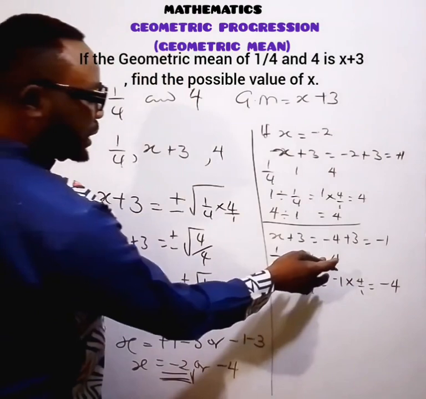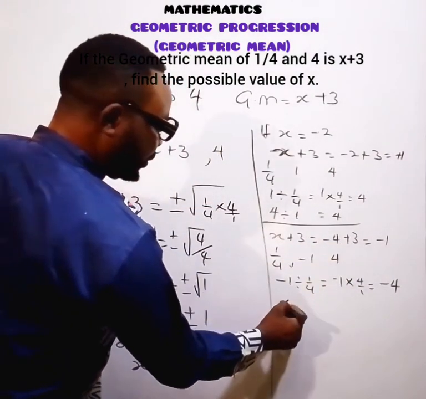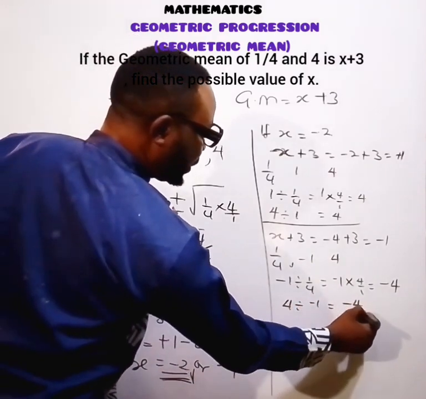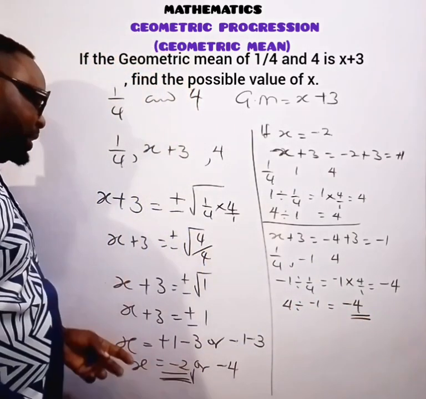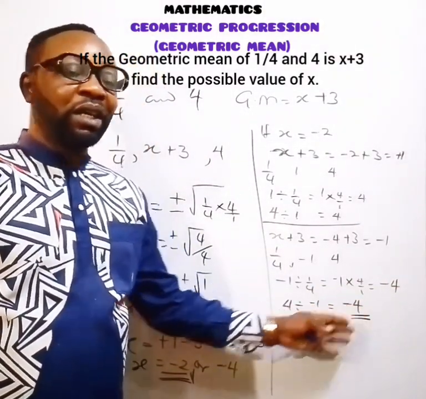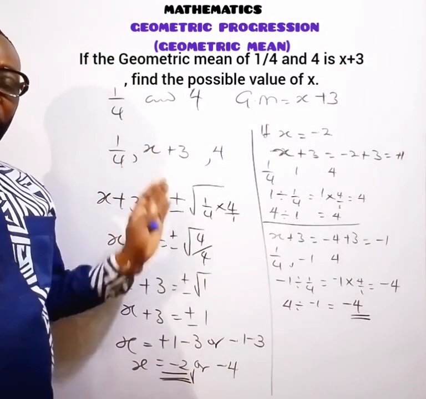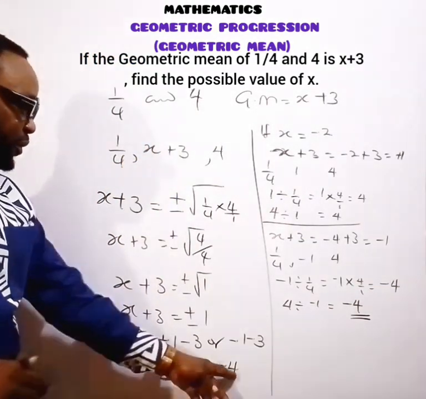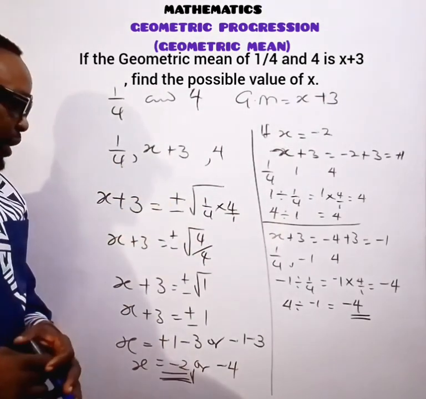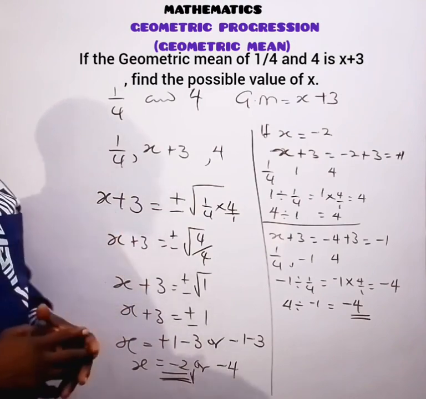Then I can as well say this one divided by this, that is 4 divided by minus 1, is equal to minus 4 as well. So it means that since the common ratios are also equal to one another, this one can also satisfy the value of x. So it shows that the two values that we get are good values that can satisfy the value of x in this question given to us.